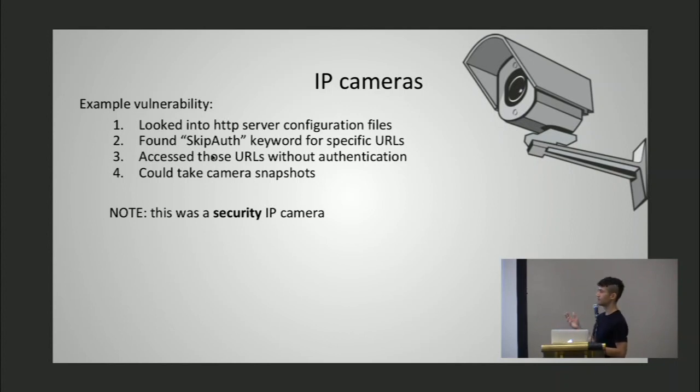And if you accessed those URLs, then you could access them without authentication, as the keyword implies. And with one of them, you could take camera snapshots, for example. And this was a security IP camera, supposedly.